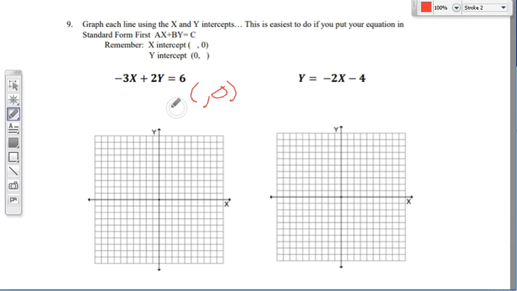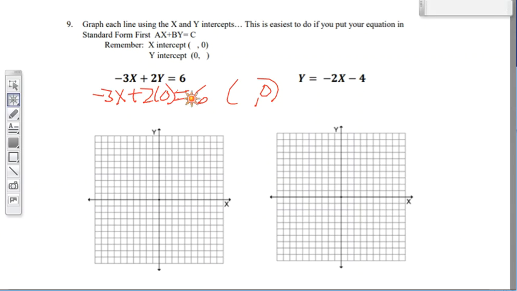We let our y be 0. So -3x plus 2 times 0 equals 6. Okay, so 2 times 0 is 0.